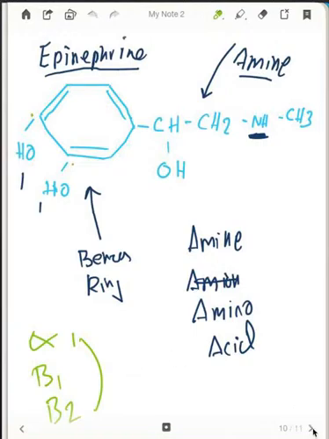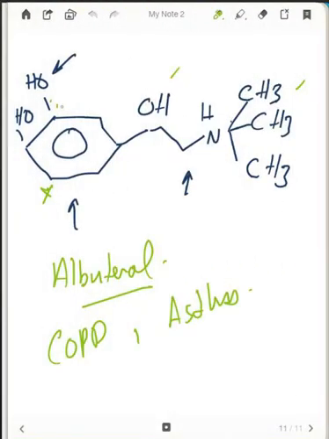So instead, I modify the epinephrine molecule a little bit, and I have this albuterol molecule. Albuterol has high affinity, so it wants to attach not necessarily to alpha 1 and beta 1 receptors, but it has the highest affinity for beta 2 receptors because we've modified the catecholamine structure slightly.